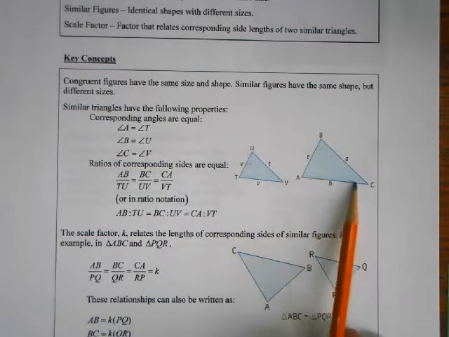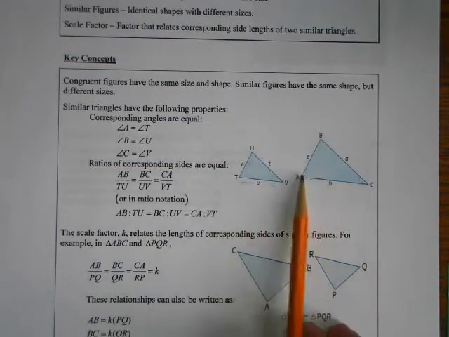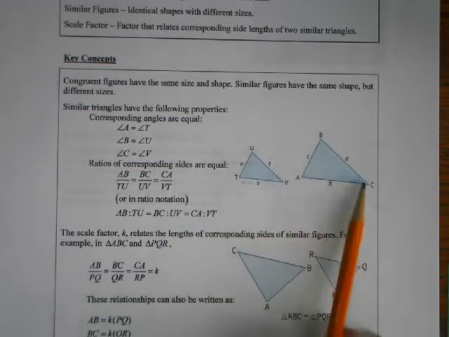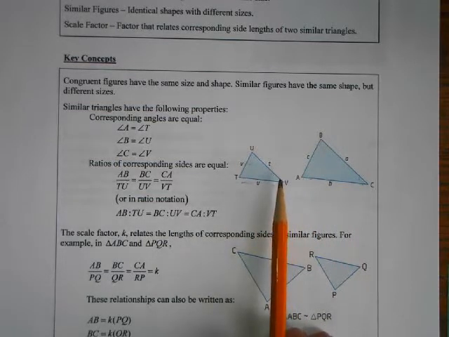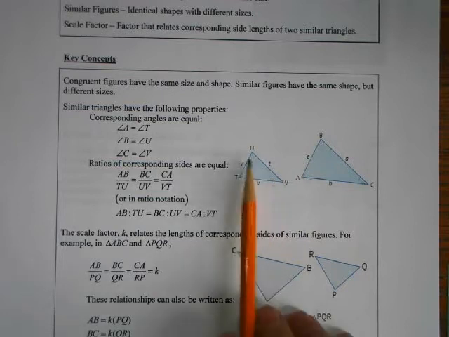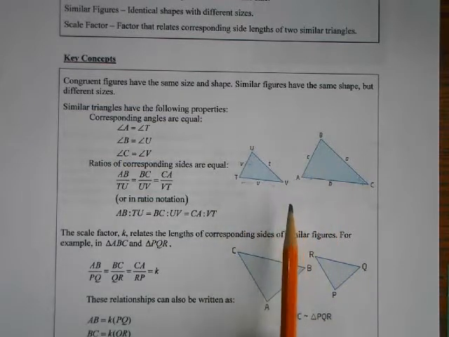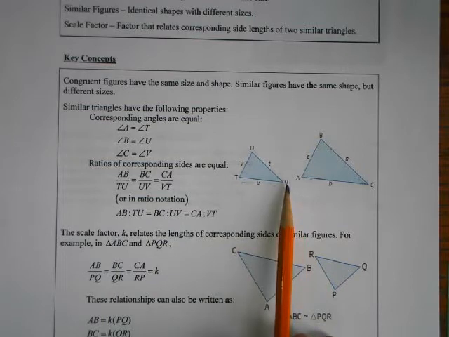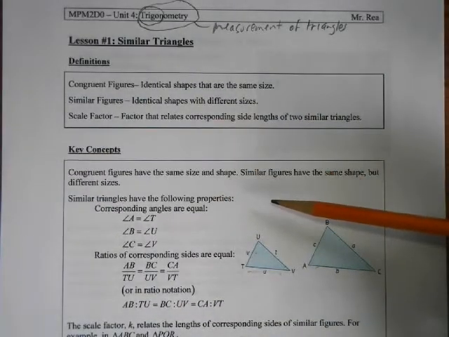So this side here is twice as big as this side, this side here is twice as big as that, and this side is twice as big as that. Or it could be 1/3 the size, or 1.2 times the size. As long as that multiplier to get to the other triangle is always the same, you can say that the 2 triangles are similar.